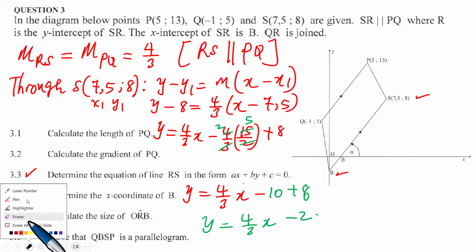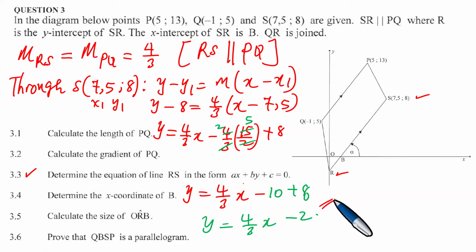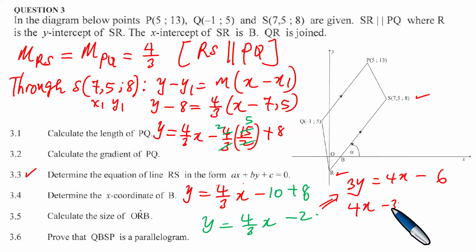Multiplying through by 3, the denominator, we get 3y equals 4x minus 6. I want to write it this way: we start with the x terms first, so 4x minus 3y.